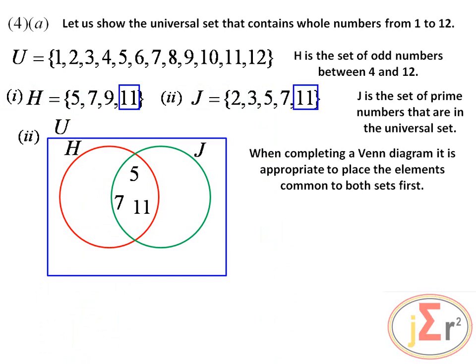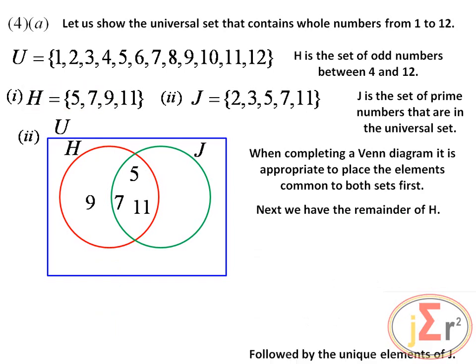11 is also a common element of H and J. Next, we have the remainder of elements that are in H. 9. Just a single one.